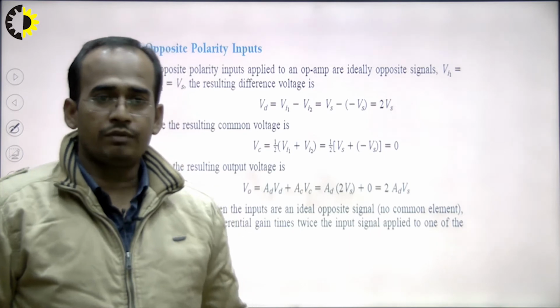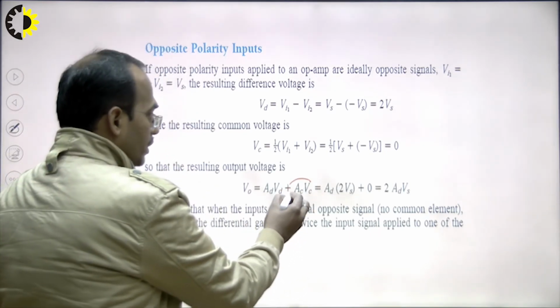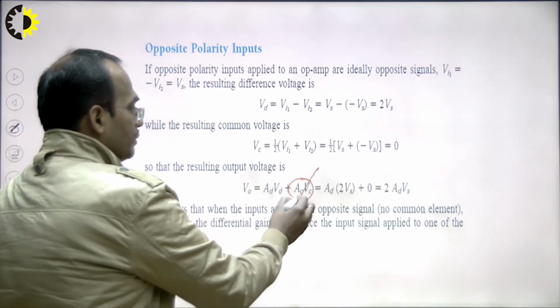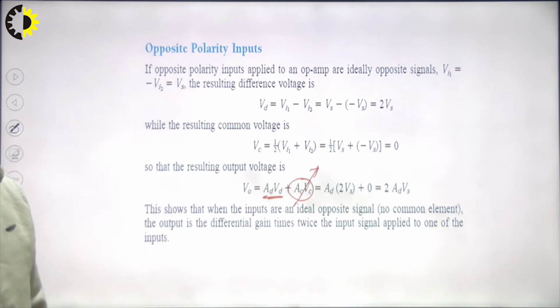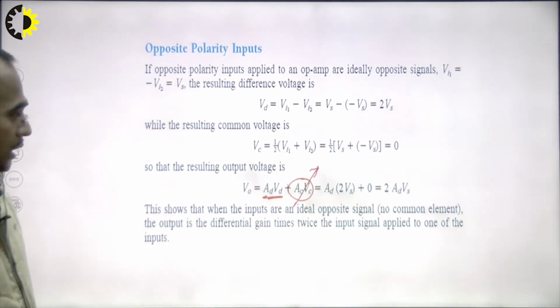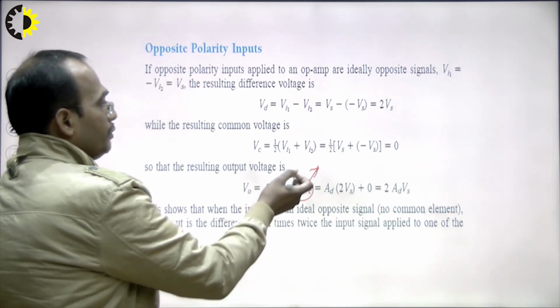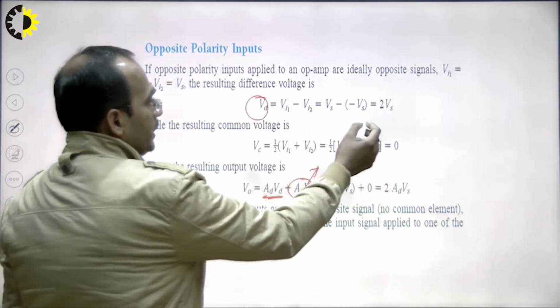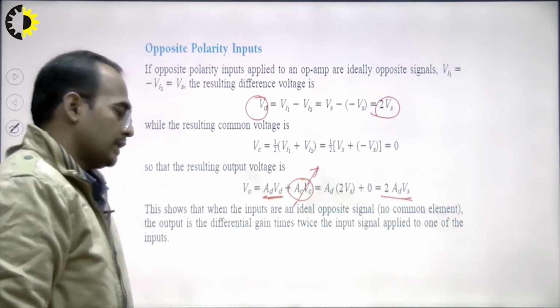So the common mode factor will become 0 because the common input has become 0, and we get only the differential gain into the differential input voltage, which has become twice. So, we will get twice of Ad Vd in that case.